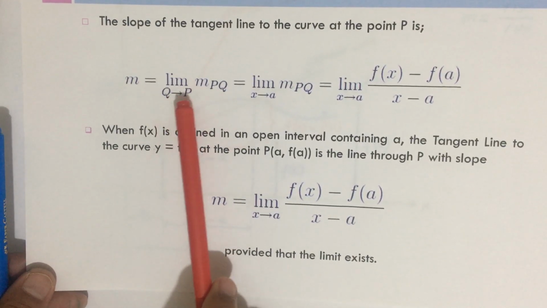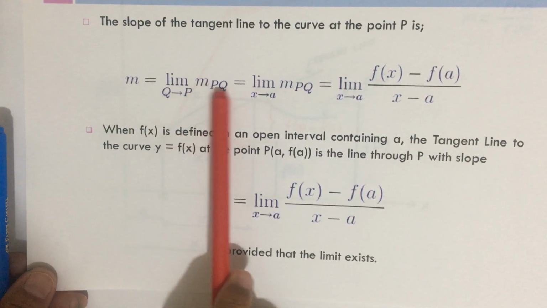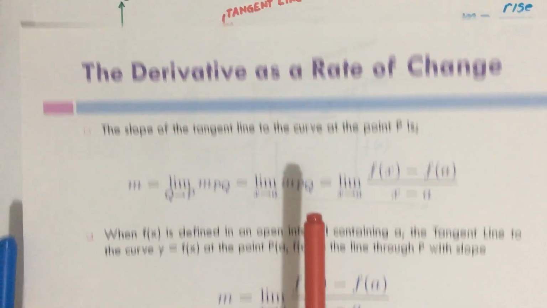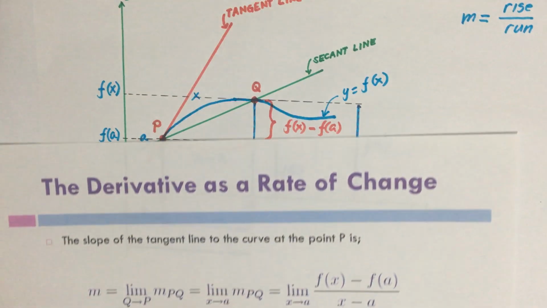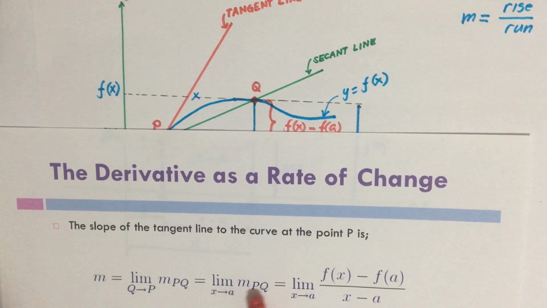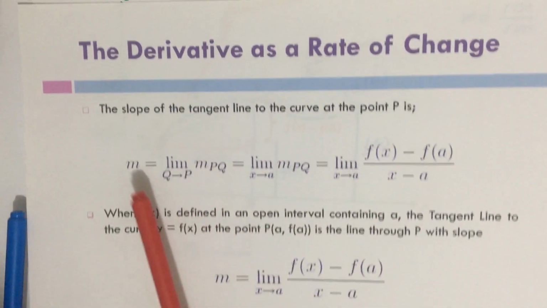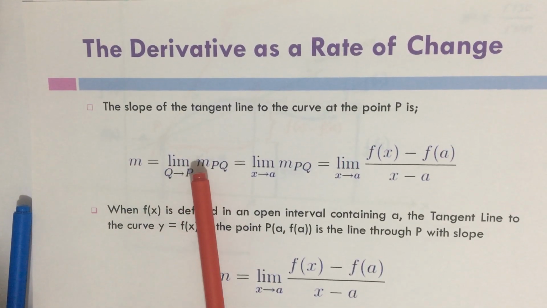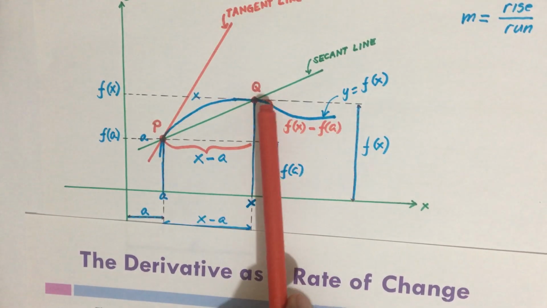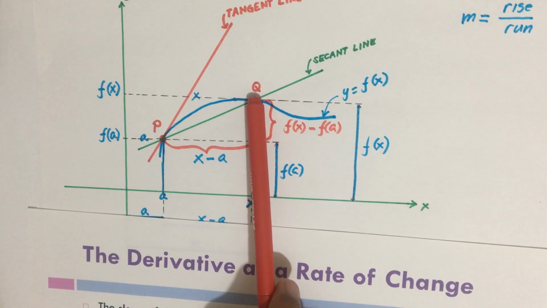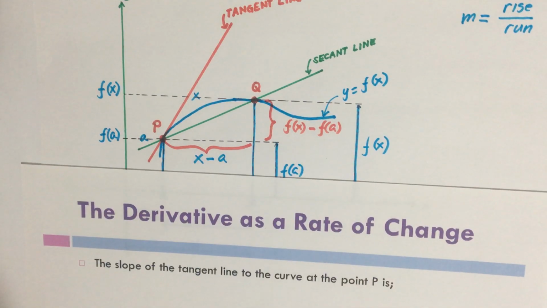Okay, so we have here the limit of the slope of the secant line, which is PQ. PQ, that is the line PQ. This is the secant line. Okay, so the limit of this as x approaches a. So the slope is equal to the limit of the slope of PQ as Q approaches P. So as Q approaches P means if you move this point Q towards point P, what will happen?